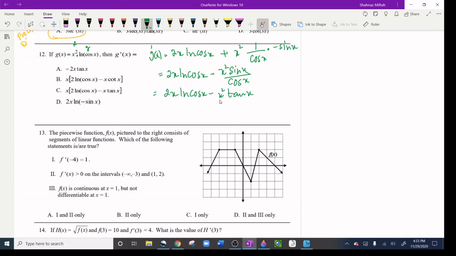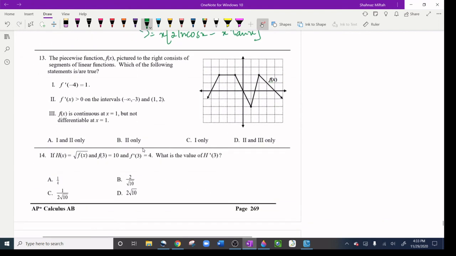Now x is my common factor. I'm going to take it out. x times 2 ln cosine x minus x tangent x. There, that's my answer, which is question number 12, which looks like to me C. There, exactly like that.